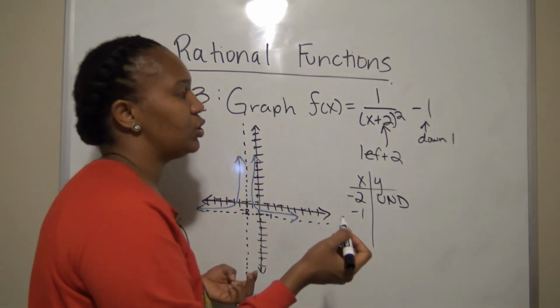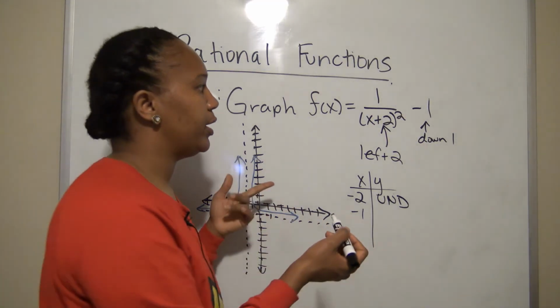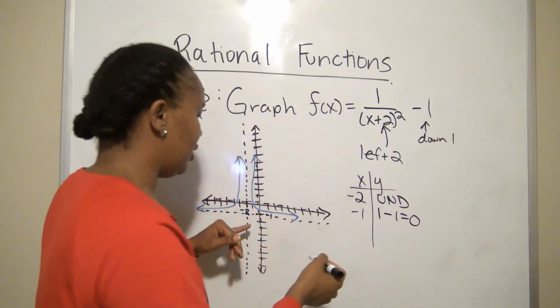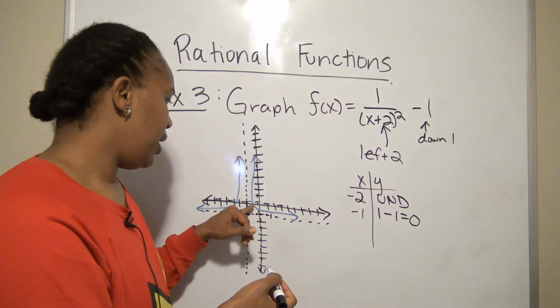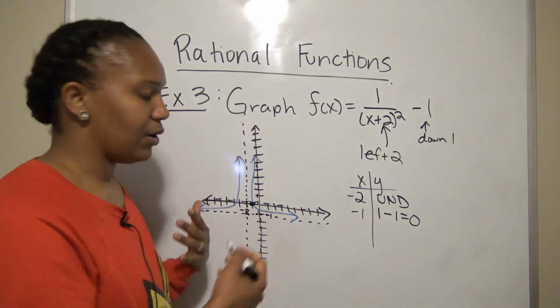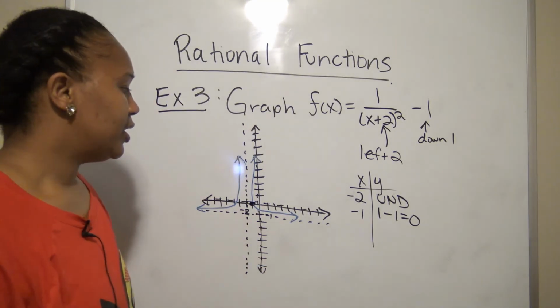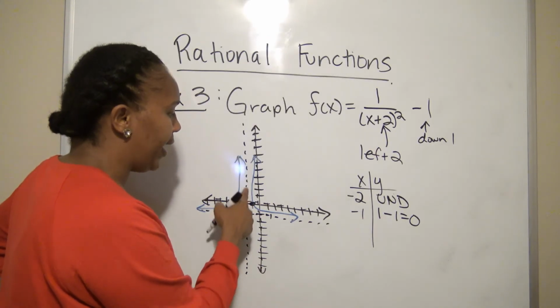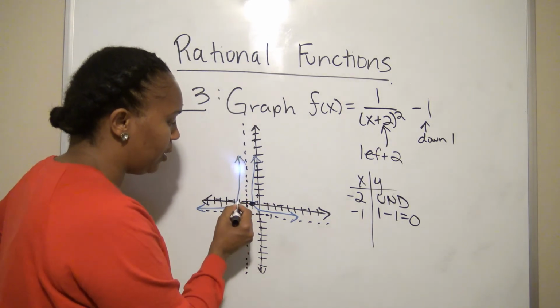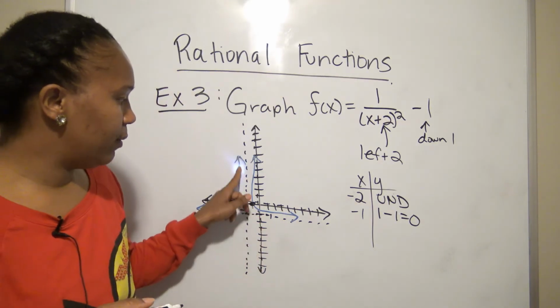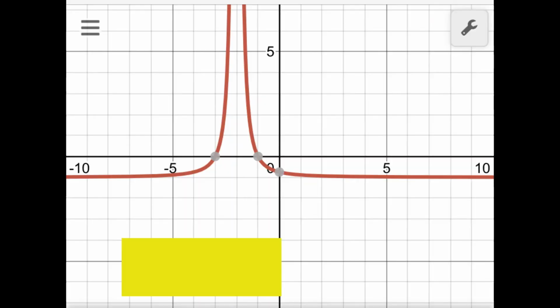Negative 1 plus 2 is 1. 1 squared is 1. So 1 over 1 is 1. 1 minus 1 is 0. So at the point negative 1, it crosses at 0, which you can see on my graph, even though I was just sketching it. And because it's a reflection across your vertical asymptote, we're going to have that same point over 1 unit in the other direction from that vertical asymptote.